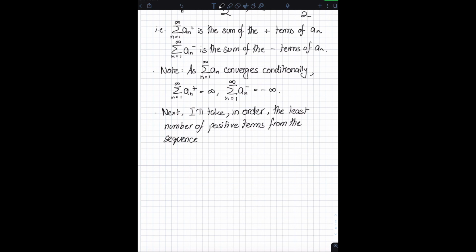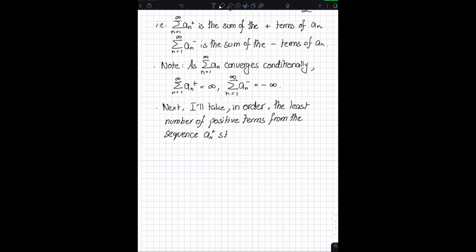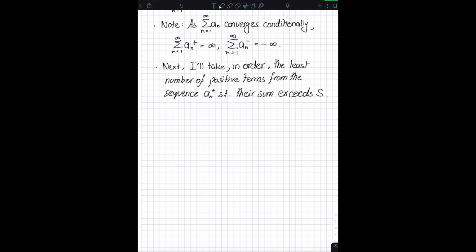Of course, this is where all the positive terms are going to come from, such that their sum exceeds s. So suppose we require x1 of such terms. So that's the amount of positive terms that we need in order for the sum to just exceed s.